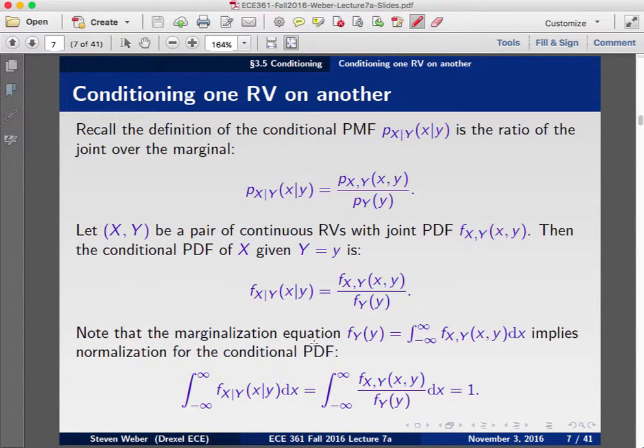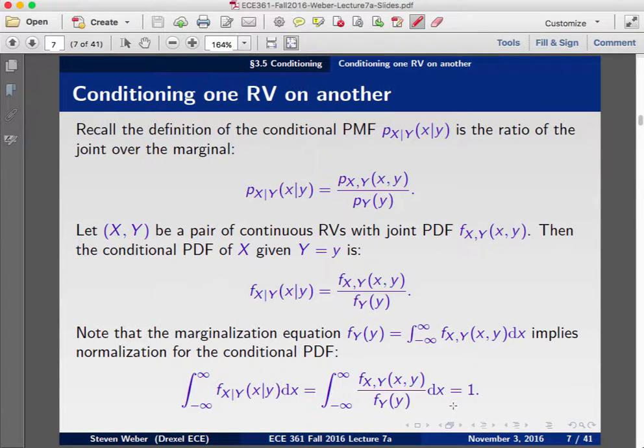Now, last time we talked about how to marginalize the joint distribution f_XY by integrating over all possible values of x to get the marginal for Y. And now we're going to use that to see that this is in fact a bona fide distribution. In particular, when I integrate this conditional distribution over all possible values x, I substitute in the ratio of the joint over the marginal.